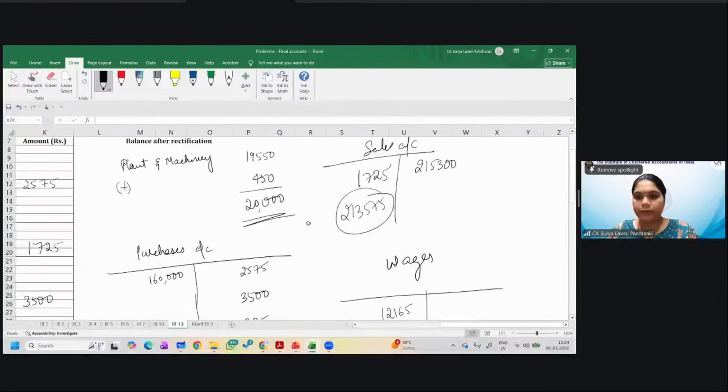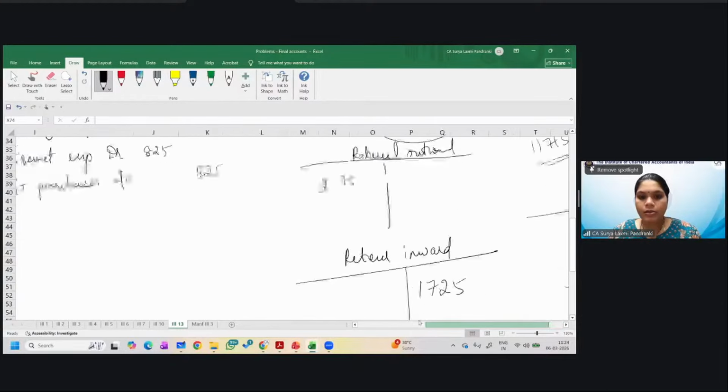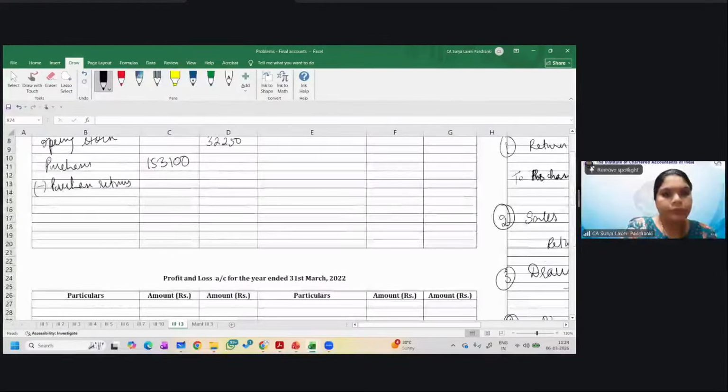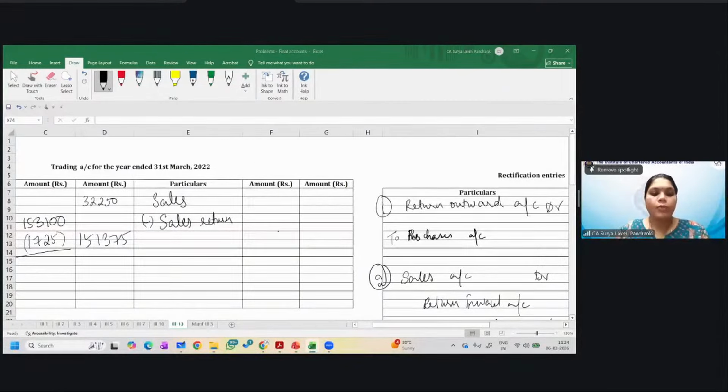Here, return inward is 1,725. Okay. Tell me the net figure. How much is it? 1,375. Okay. What is the sales amount?